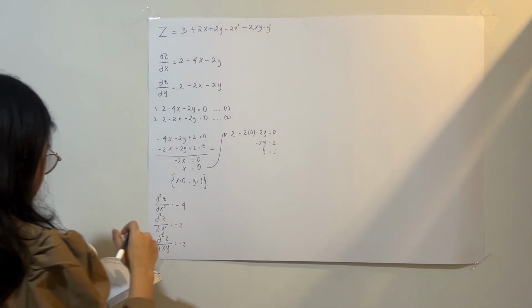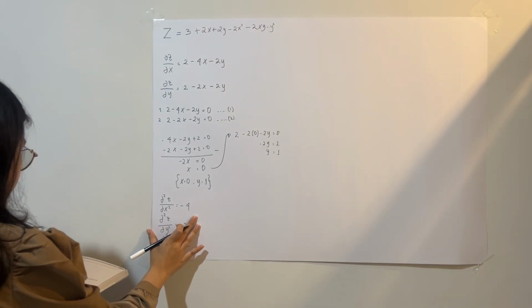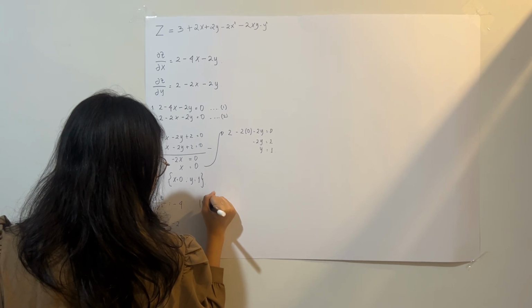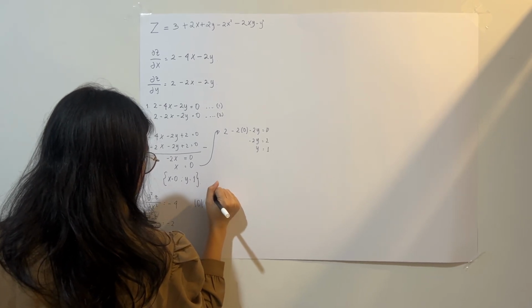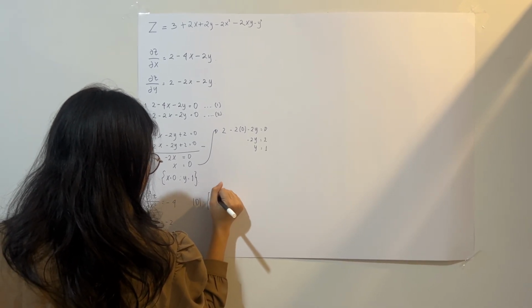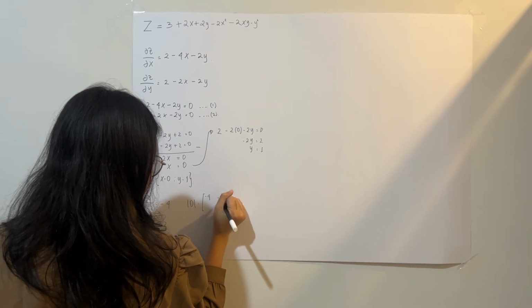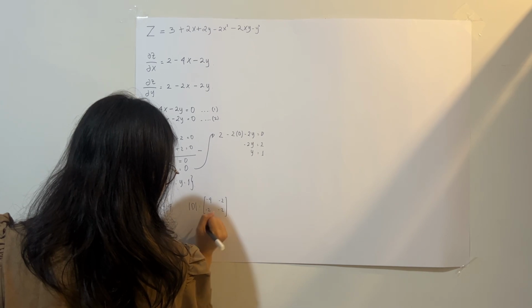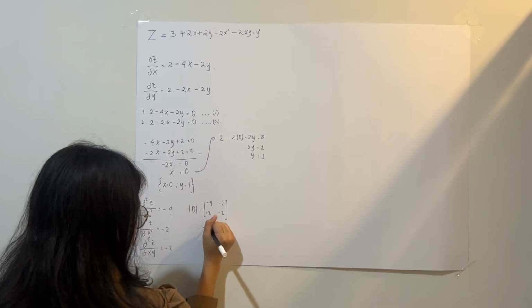Now form the Hessian matrix: minus 4, minus 2, minus 2, minus 2.